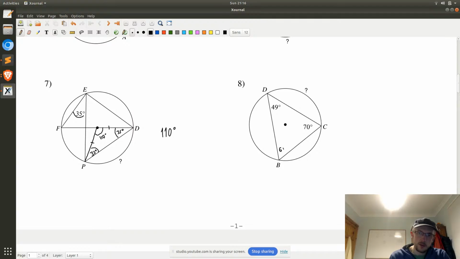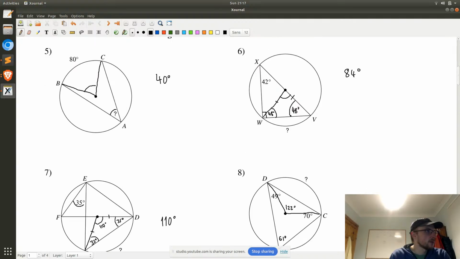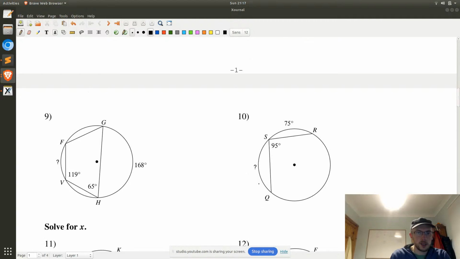So we get 61. Yeah, so that'll be half of that one, huh? So it'll be 30.5. No, it'll be double it, actually. Beg your pardon, so that'll be 122 degrees. Right, so we'll check for all of these. 40, 84, 110, 122. All right, that's fine.